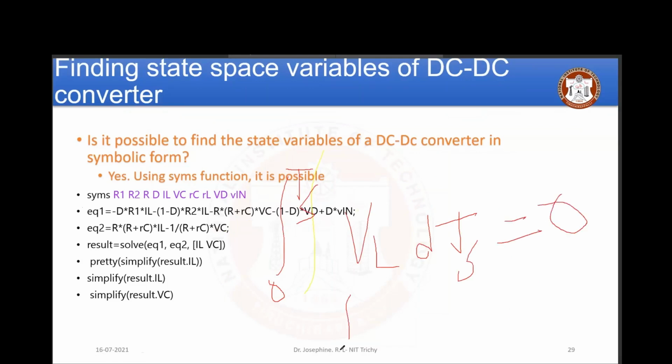Similarly, over a cycle 0 to Ts, the capacitor current IC dt, again it has to be 0, isn't it? Now this D and 1 minus D, this is the average representation of my network.